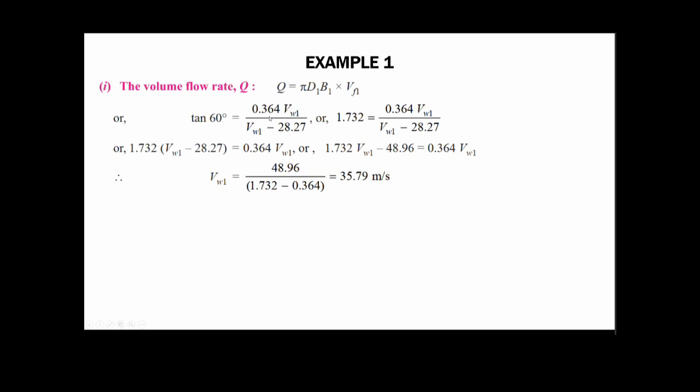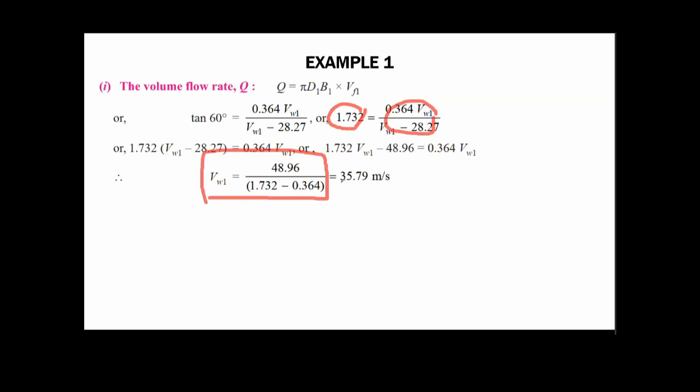We know tangent 60 degrees is equal to 1.732, and then we plug in the values and rearrange this equation so that we get VW1 equal to 48.96 over 1.732 minus 0.364.